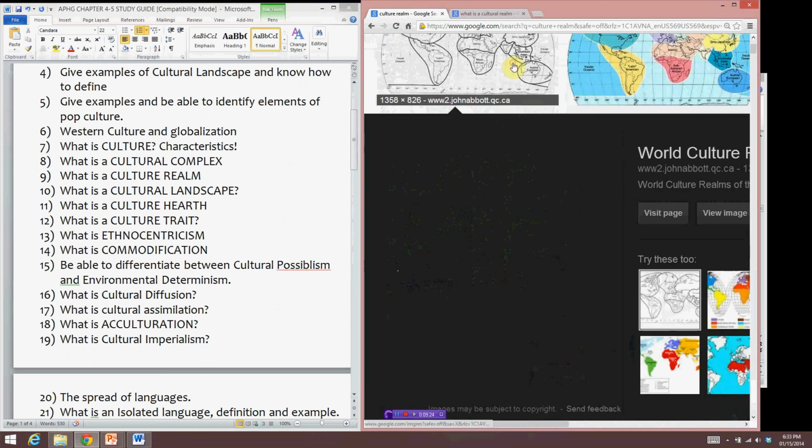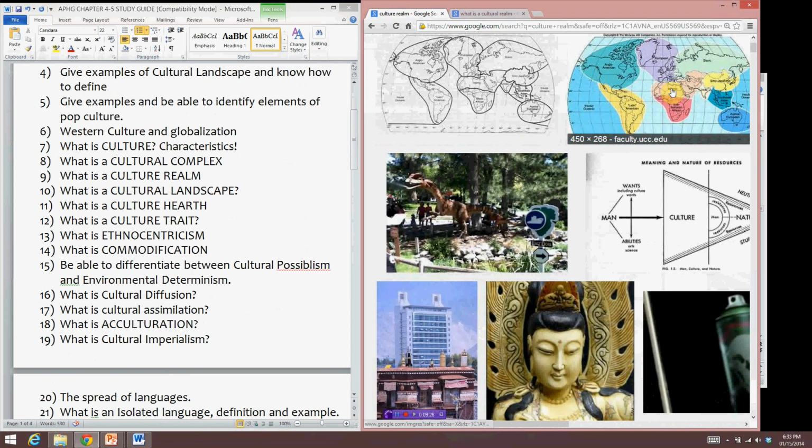For some reason I can't get my computer to pull it up, but it would demonstrate different regions like Anglo-America or Latin America or Austro-European for the region of Australia and some of those areas in Oceania. These are different cultural realms where people are related in those small regions by some facets that pull them together culturally and separate them from the rest.